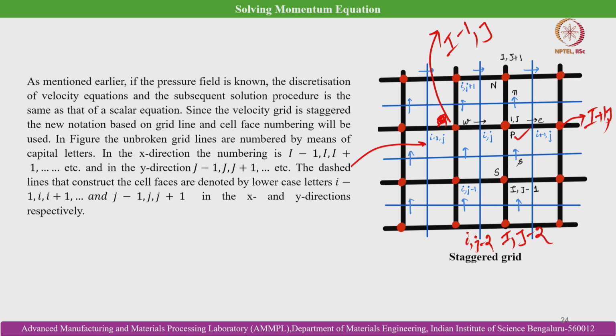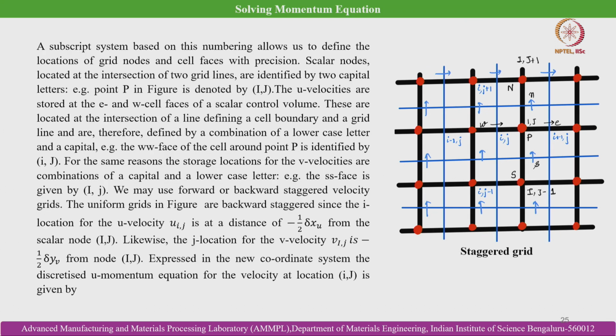This is how we can do the treatment here, with i j minus 1 and i j minus 2. If we move ahead, we can see that a subscript system based on this numbering allows us to define the locations of grid nodes and cell faces with precision.